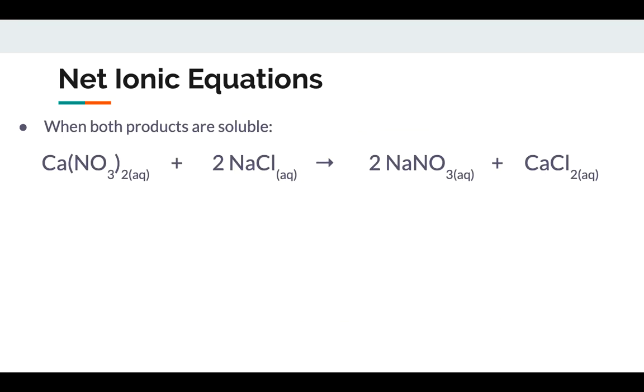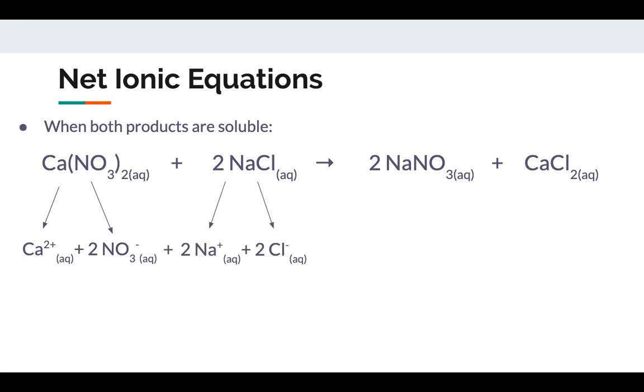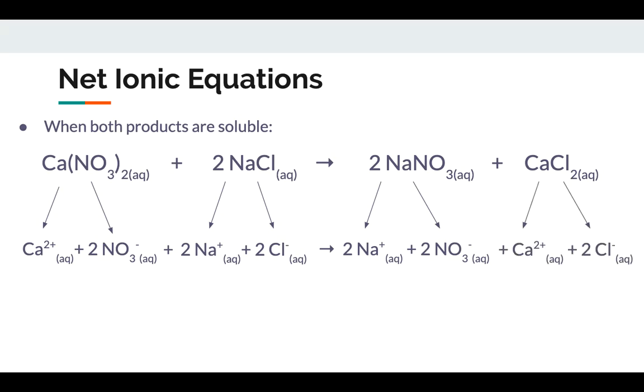So what happens when both products are soluble? We've talked about how that's a no reaction, and this is another way to look at that. If we break down all of the aqueous ionic compounds into their ions, calcium nitrate becomes calcium ions and 2 nitrate ions, the 2 sodium chloride becomes 2 sodium ions and 2 chloride ions. Then the sodium nitrate breaks down into sodium ions and nitrate ions, and the calcium chloride breaks down into calcium ions and chloride ions.